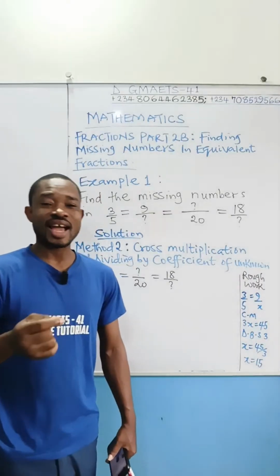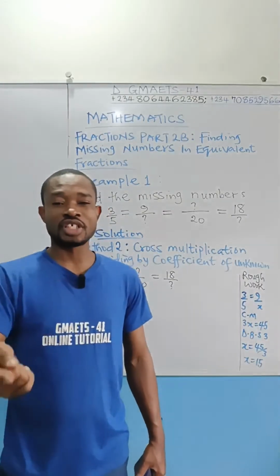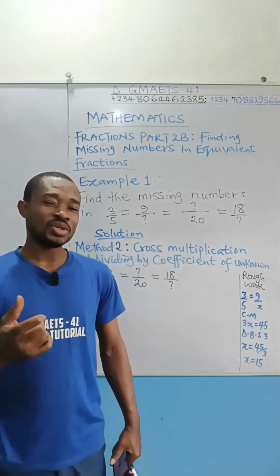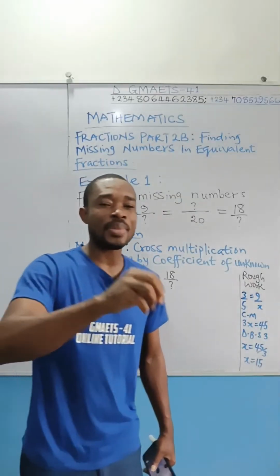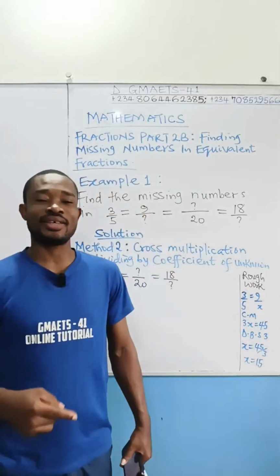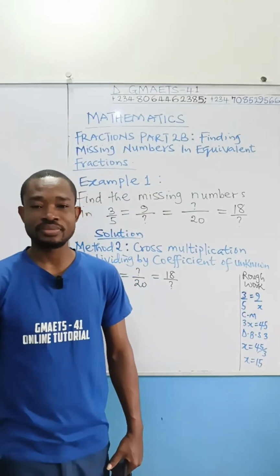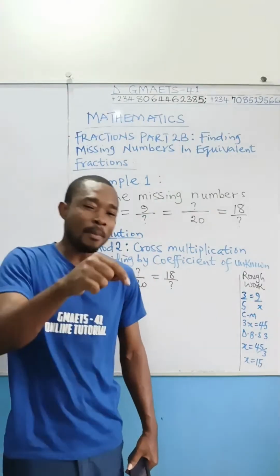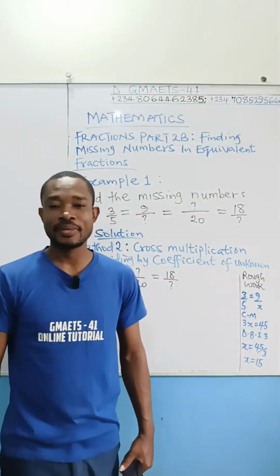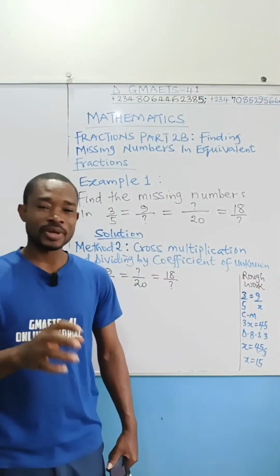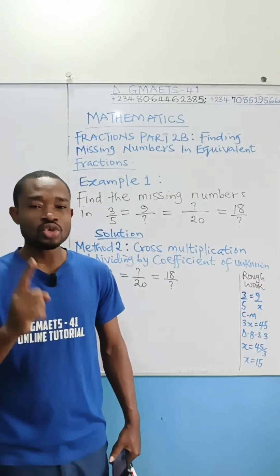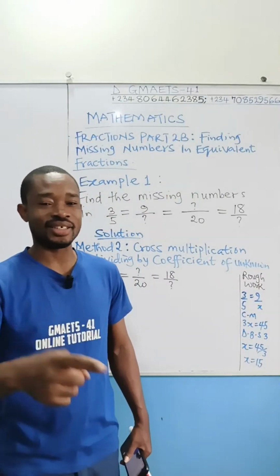It is not like method 1, the multiplication or division method, where what you're trying to get is the number you will use to multiply the numerator and denominator to get the missing number. No, that's what we did there. We tried to get the number we will use to multiply. So by that multiplication and division method, you do not get the missing number directly.